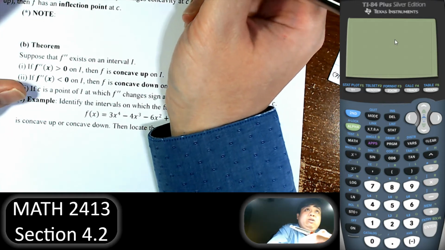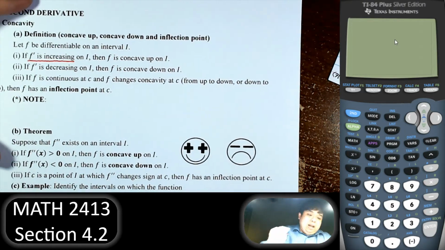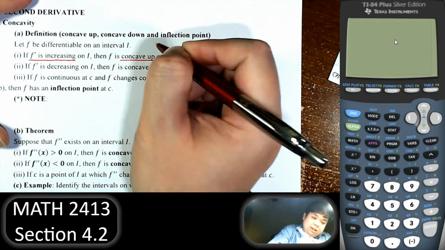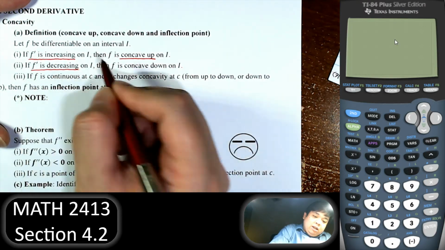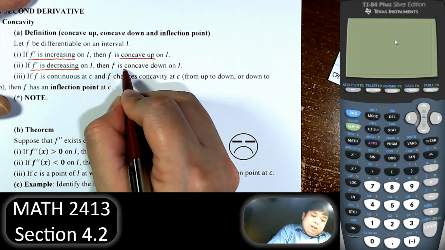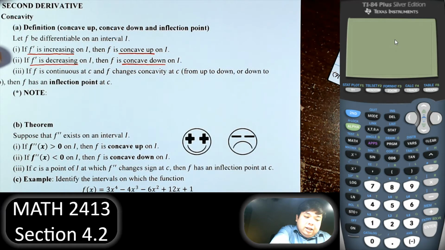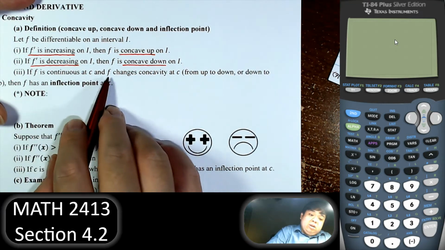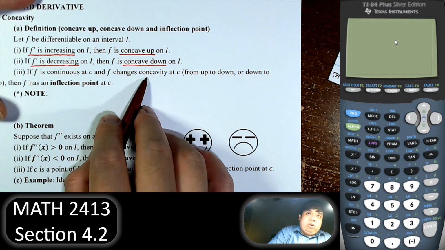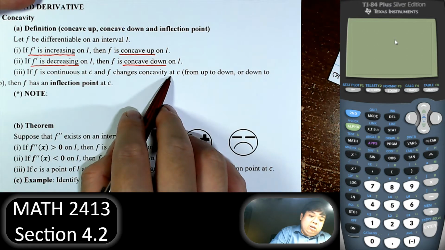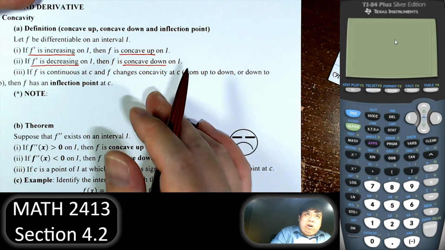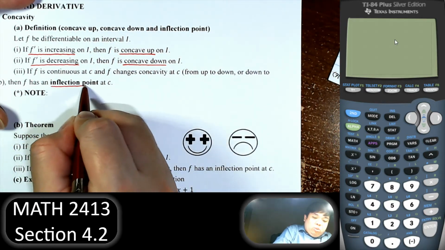If it is decreasing, then it is concave down. If the function is continuous and changes concavity at a point, either up to down or down to up, we have an inflection point there.